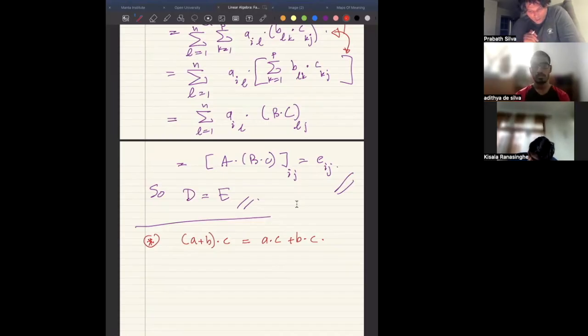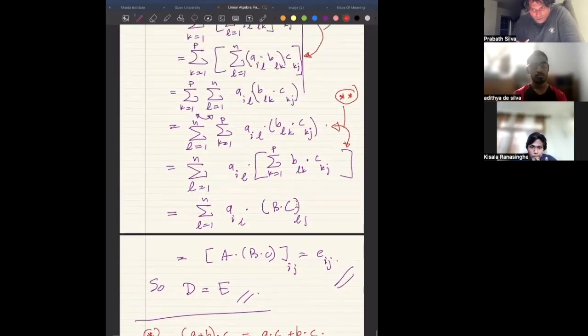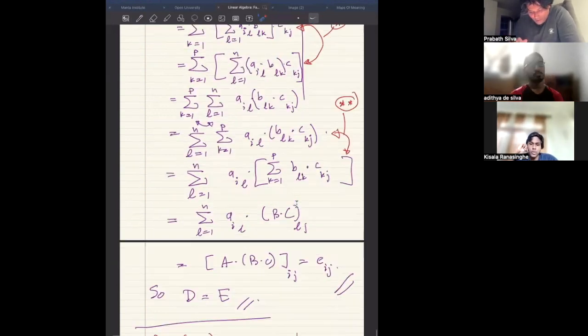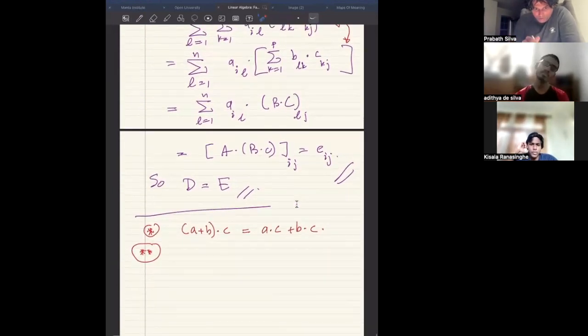And double star is actually going from here, having this thing times a sum, and then you bring this thing inside. So the double star is a version of this.